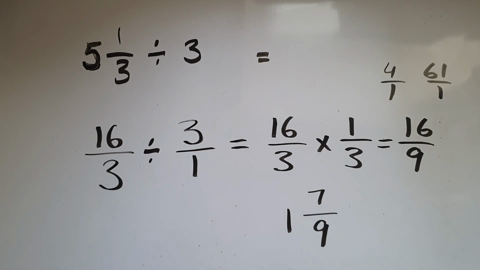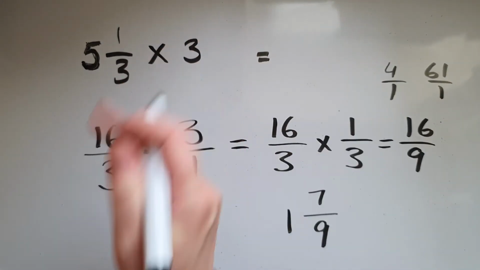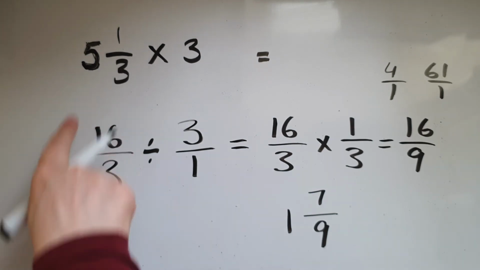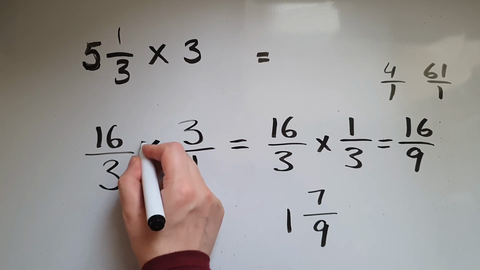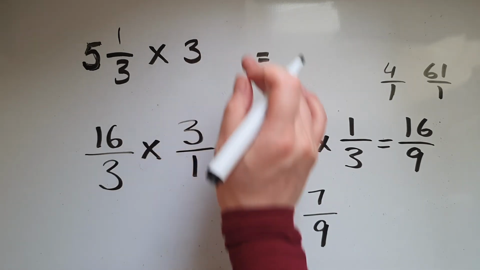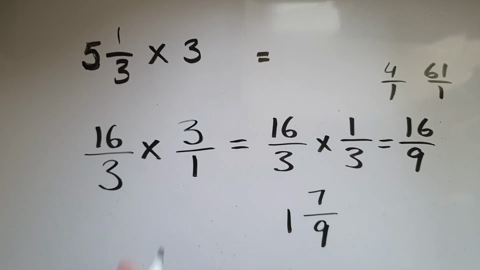You do the same thing with multiplication. So if this was 5 1/3 times 3, we'd convert that into fractions, 16/3 times 3/1.